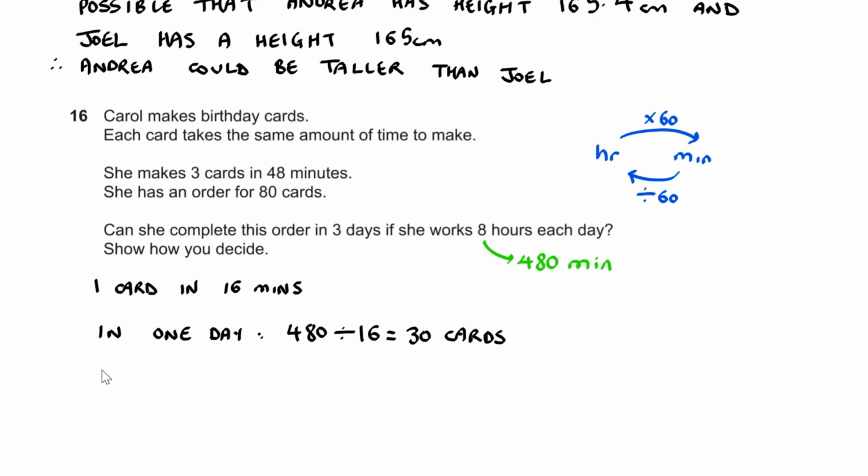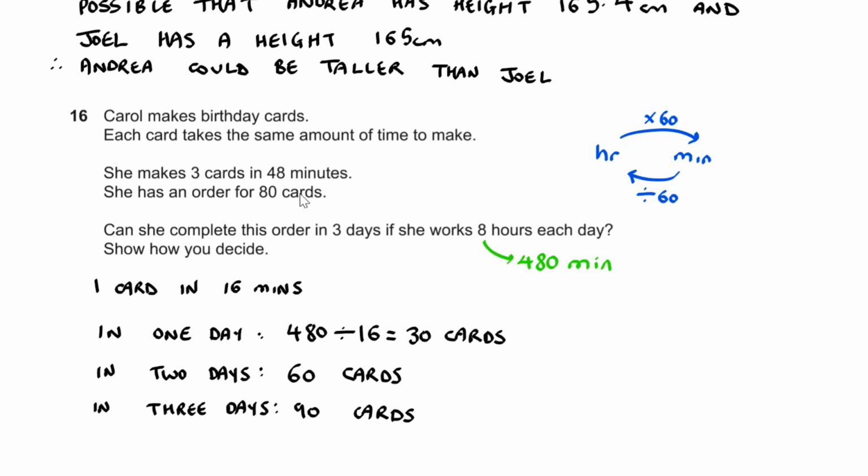Now in 2 days, she can make 60 cards because in 1 day she makes 30 cards, and therefore in 3 days she can make 90 cards.